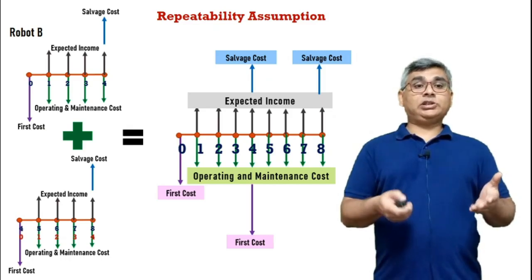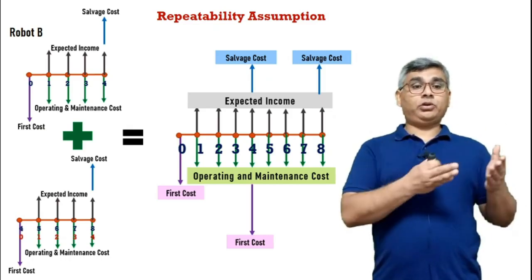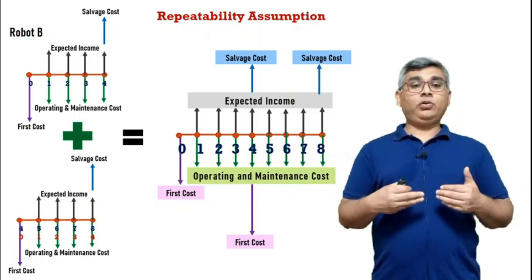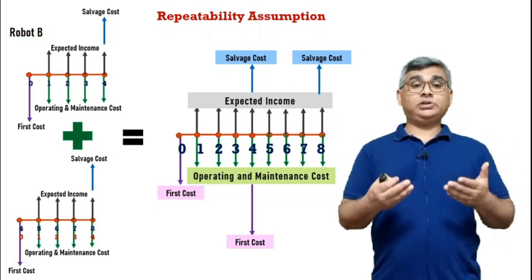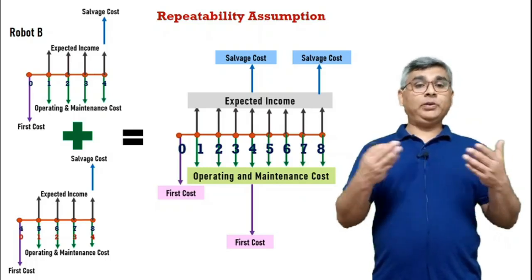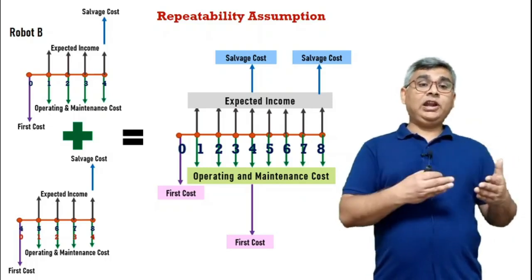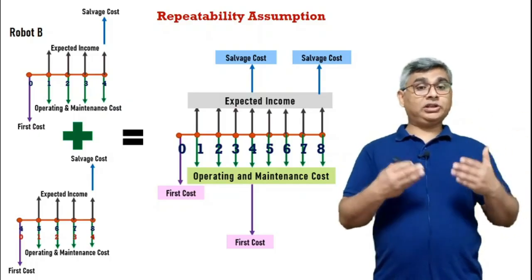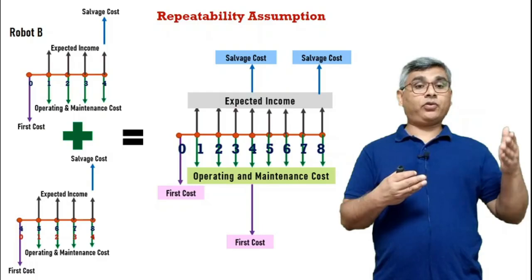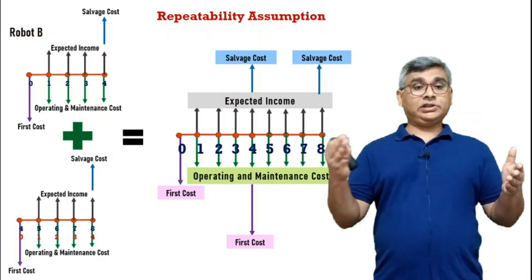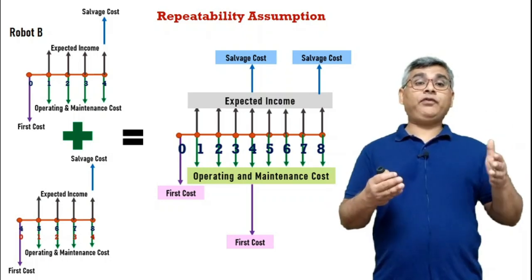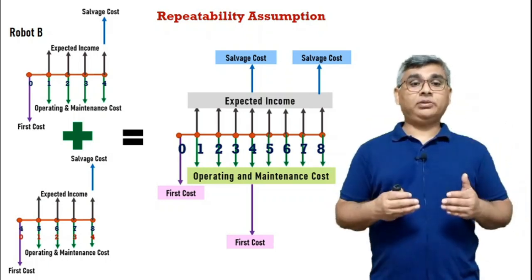So this is the cash flow for robo A for the first 4 years. If I purchase this robo 2 times, the same cash flow will be repeated. For the second cash flow, since the first one starts from 0, the second will start from 4, then 5, 6 and 7, but 4 is nothing but the initial point if we are just focusing on the second cash flow.